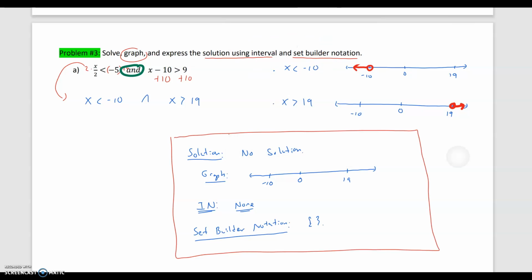You could write the set with no values in it, or a 0 with a line across, or simply write empty set. Since they do want the set builder notation, then the proper one is the set with no values in it. That's why I'm writing the other ones in green, but those are also ways to express the empty set. So this particular problem, because you have two inequalities or two solutions going in opposite direction, there is no intersection.